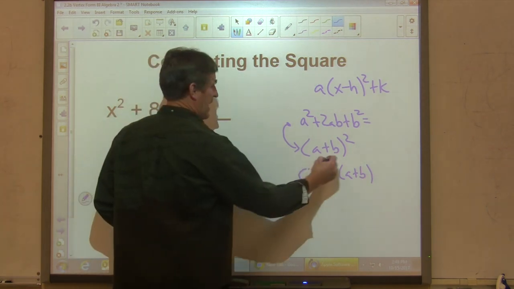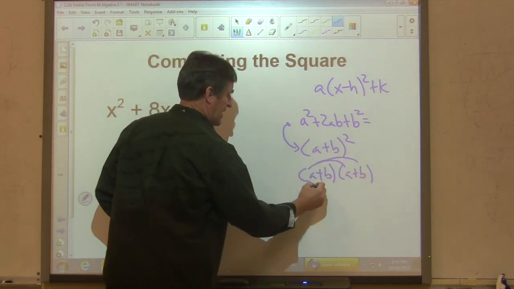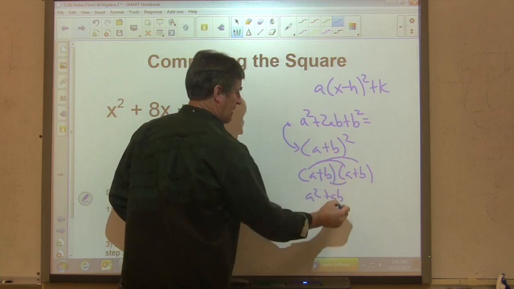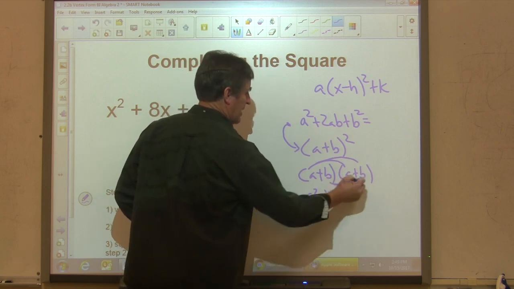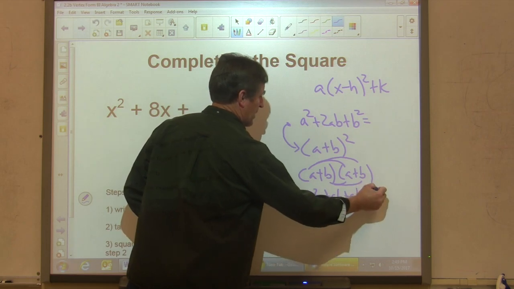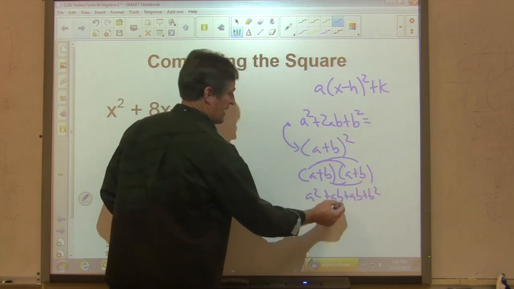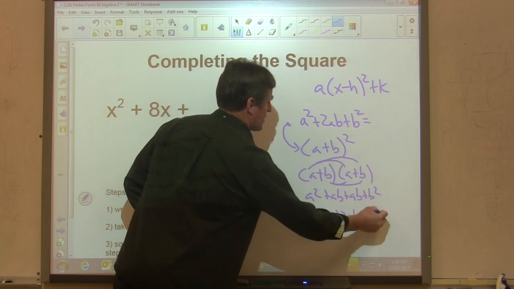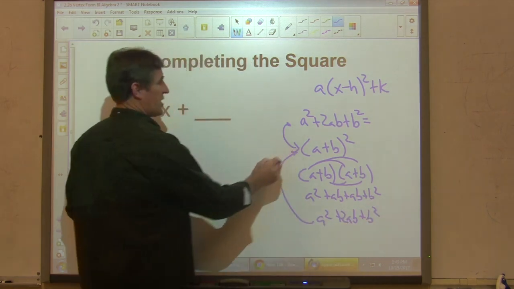And if I FOIL it, I get a squared, and then a times b is ab, and b times a is ab, and b times b is b squared. That gives me a squared, and then ab plus ab is 2ab, plus b squared. So you can see that these are the same.